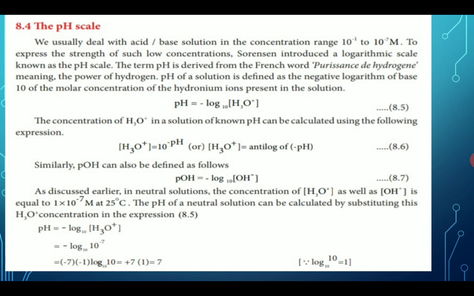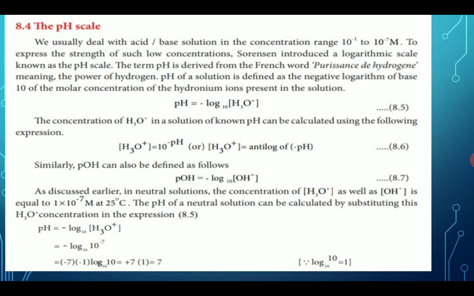The pH of a neutral solution can be calculated by substituting this hydrogen ion concentration in equation 8.5, that is pH is equal to minus log to the base 10 of the H3O plus ion concentration. If you substitute the value of H3O plus as 10 power minus 7, we will be getting minus log to the base 10 of 10 power minus 7.